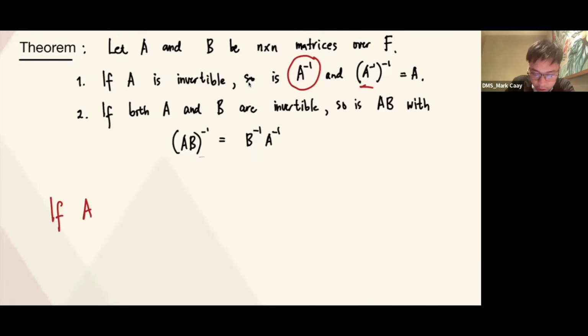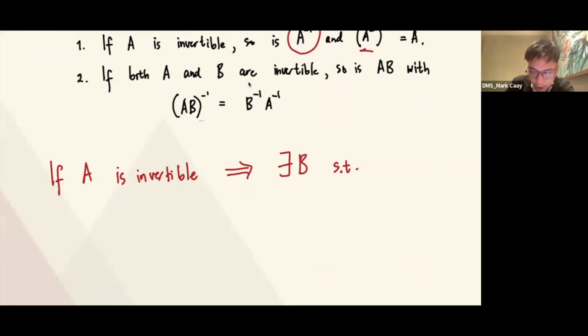If A is invertible, so the implication for that, then there exists B, tama, such that our AB is BA equals I, tama? Kasi kapag invertible si A, ibig sabihin meron siyang two-sided inverse. Now, let's assume the two-sided inverse is the B. So that means it satisfies in this equation.